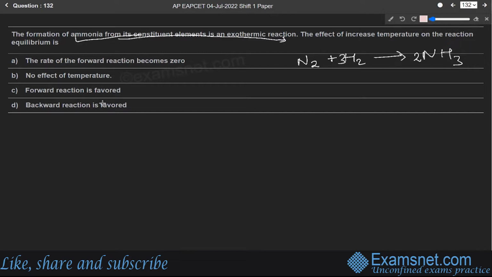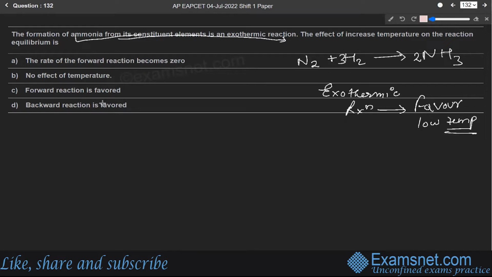Now, the effect of increased temperature on the reaction. So whenever there is an exothermic reaction, that always favors low temperature.